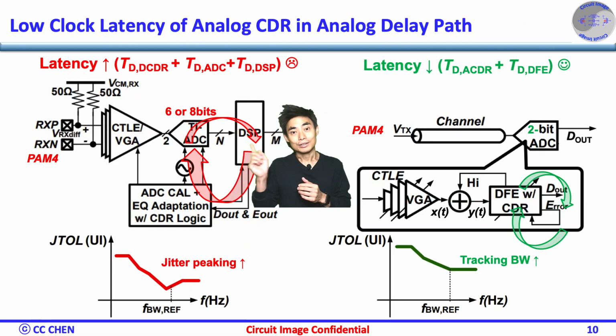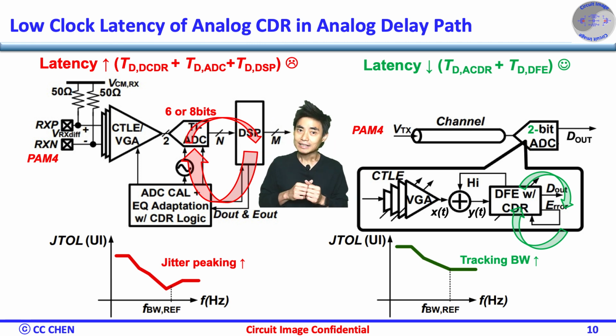Bingo! The low latency in the RX clocking of the clock and data recovery, CDR, would improve the jitter tolerance with a higher tracking bandwidth, or also reduce the jitter peaking for greater stability.